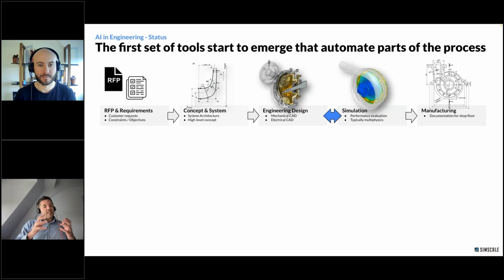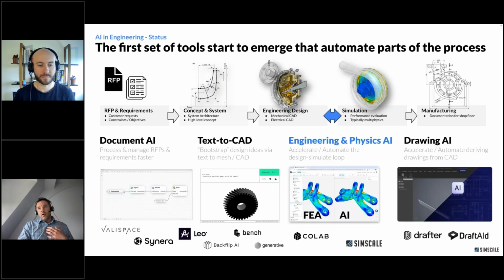Rather, what we see emerging is many interesting companies, many interesting teams working on certain parts of that workflow. And there's interesting work being done along the whole spectrum of an engineering process, from text-based requirements data, to 3D generation, to simulation-based drawing.